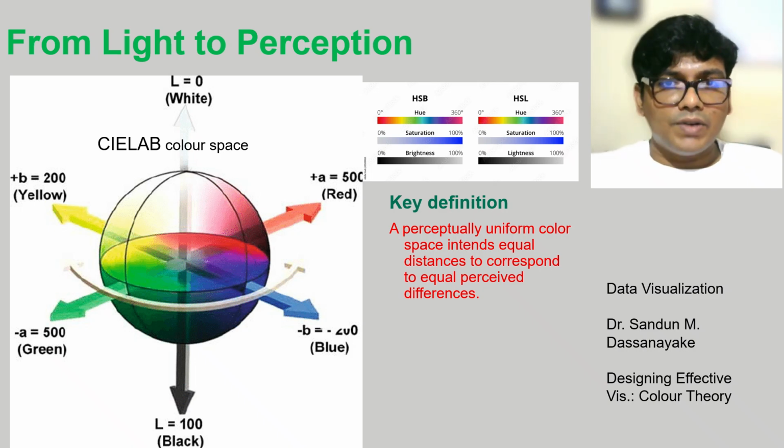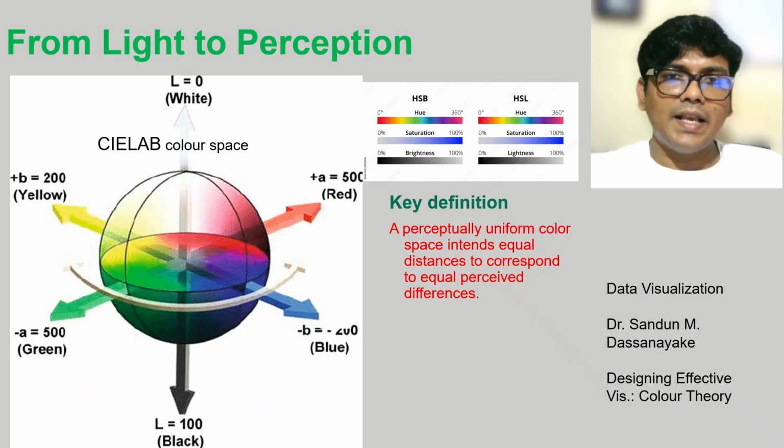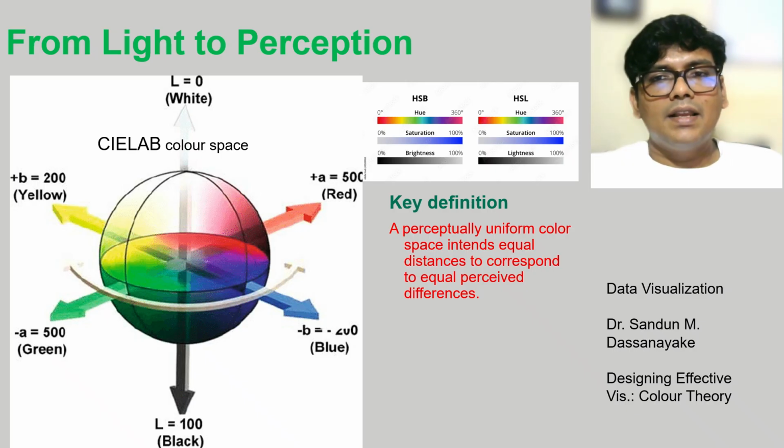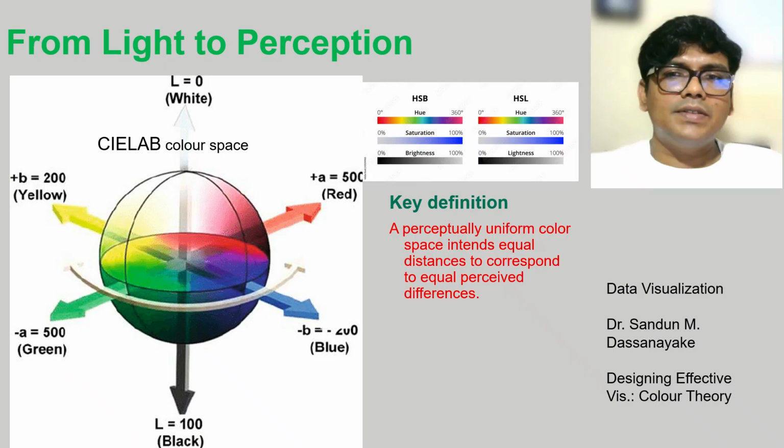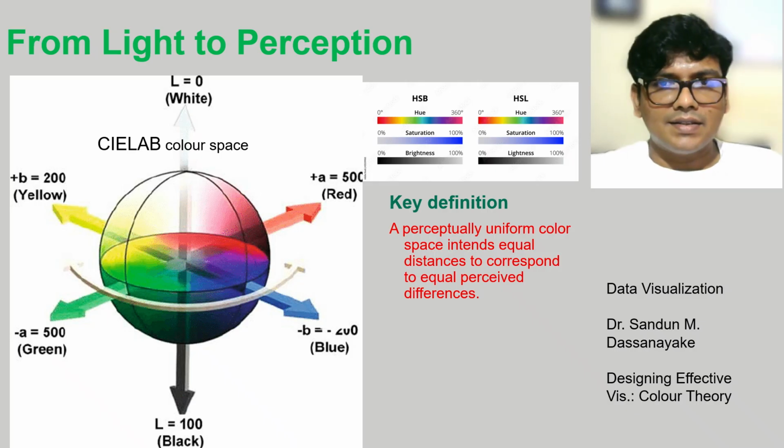Moving a saturation slider by 10 units, for example, at one end of the scale looks very different from the same move at the other end, which means the color change at the beginning would be different from what you see at the end.